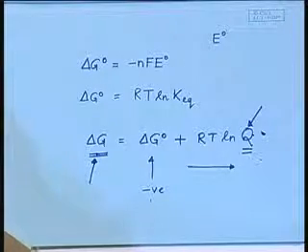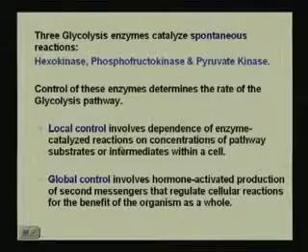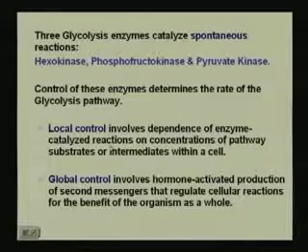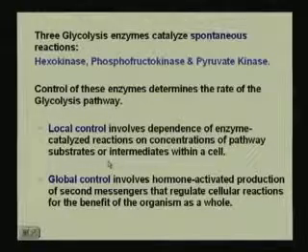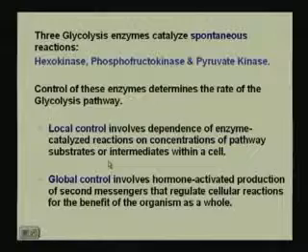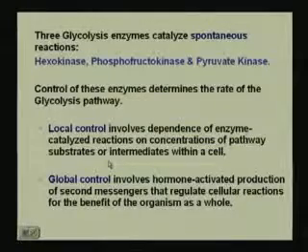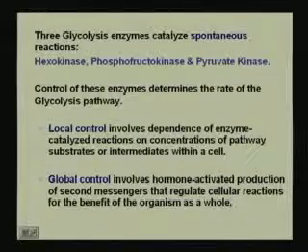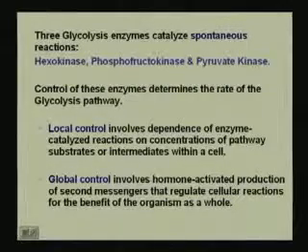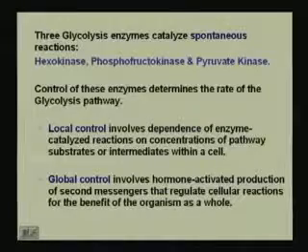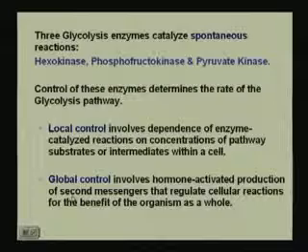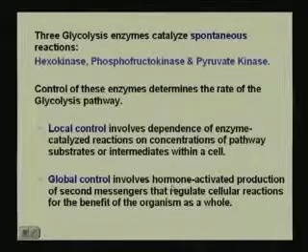So, we have local control, which involves the dependence of enzyme catalyzed reactions on concentrations of pathway substrates or intermediates within a cell. The concentrations of the intermediates, products and substrates are extremely important in determining the dependence of these catalyzed reactions. Then you have global control, which involves hormone activated production of second messengers.